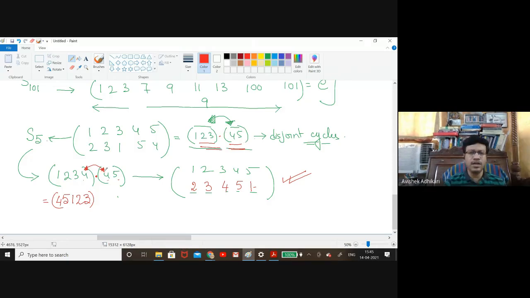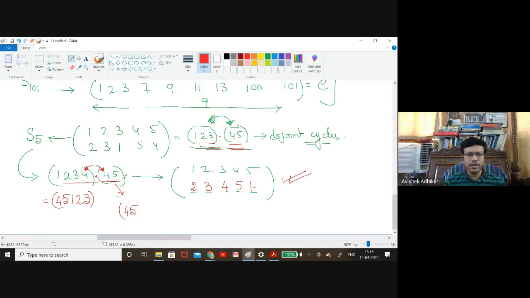But if they are not disjoint, then this effect will certainly be propagated through this common point. So I am again doing the same. As I mentioned, start from this side. Here 4 goes to 5 and then check where 5 goes on this side. Here 5 goes to 5, so ultimately 4 goes to 5.